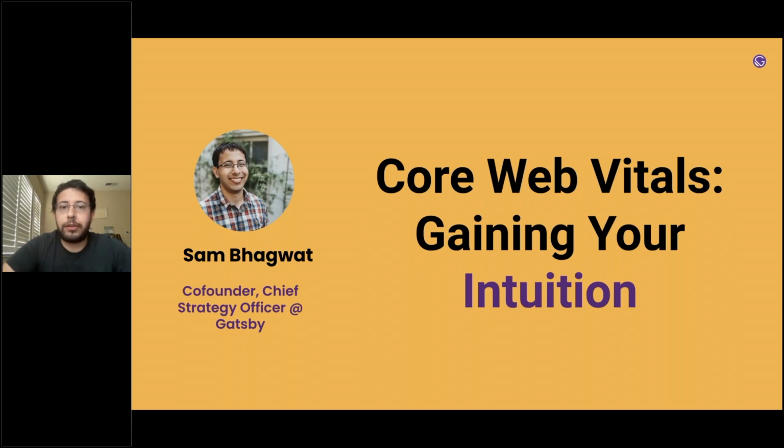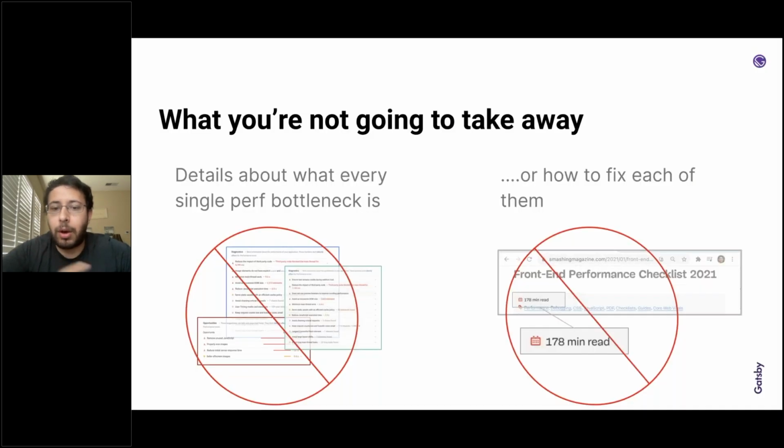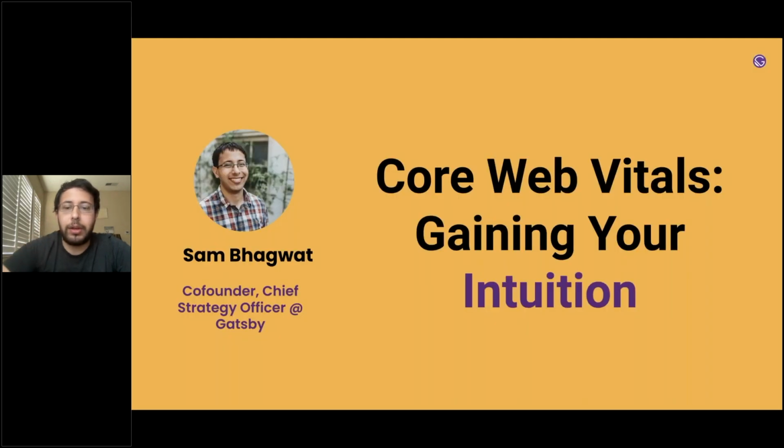So I'm going to walk through how you gain an intuition about this stuff, because the hardest part is, there's the tools, which you have just discussed, but there's also gaining an intuition as a developer, right?